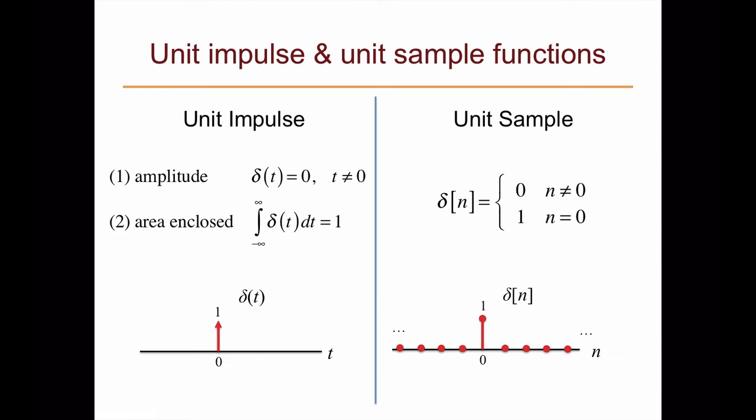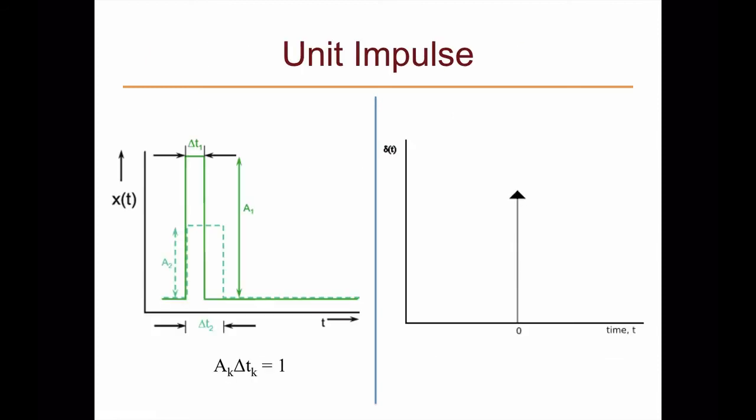That is, if you integrate the impulse function from minus infinity to infinity, you get 1. This represents the energy of the impulse, that it contains energy equal to 1. We draw a graph of this impulse function using an upward arrow, with the number beside it as the area under the curve.